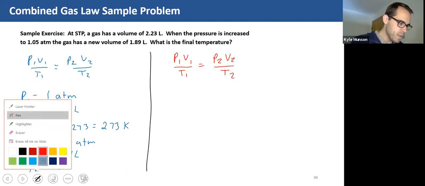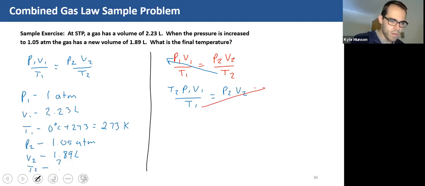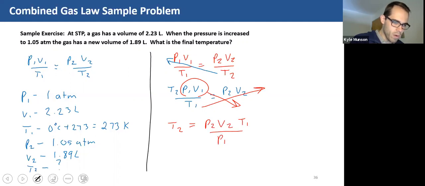Same idea. Let's just move T2 out of there. So I get T2 P1 V1 over T1 is equal to P2 V2. And then what I'm going to do is move these guys. So I get T2 is equal to P2 V2 T1 over P1 V1.